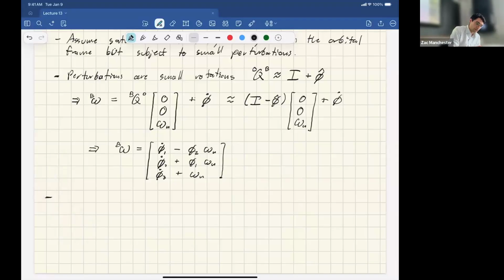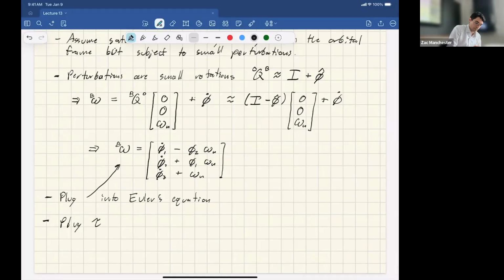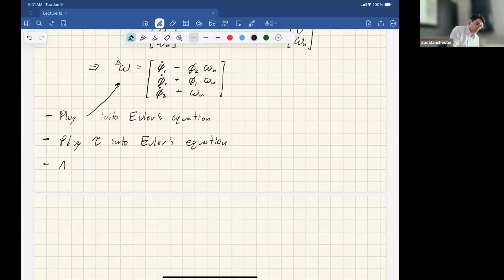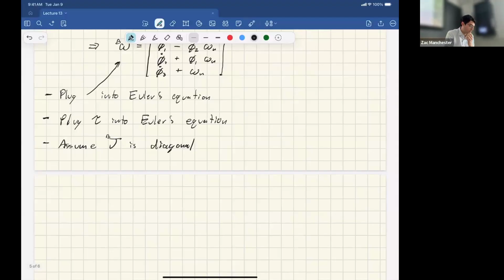Okay, and then we're going to assume, like we did before, that J is diagonal. And that lets us write all this stuff down cleanly.